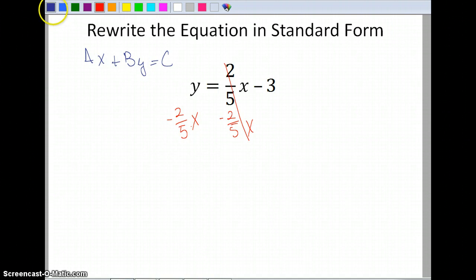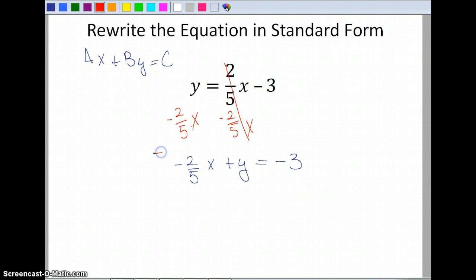So now when I do that, I have negative 2/5 x plus y is equal to negative 3. Well, I still have that fraction. How can I get this 5 to cancel out?